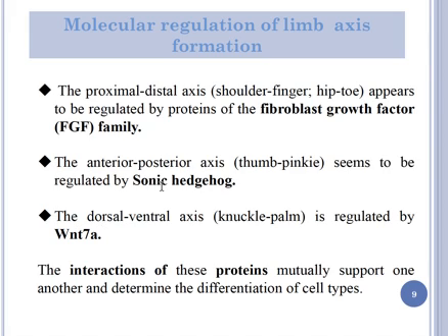We have mutual or reciprocal interactions, so one can support another in order to determine the differentiation of the different cell types according to the three axes, in order to organize and coordinate the growth of the limbs according to these three different axes.